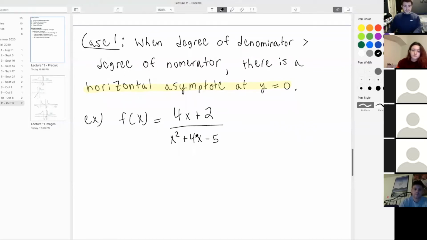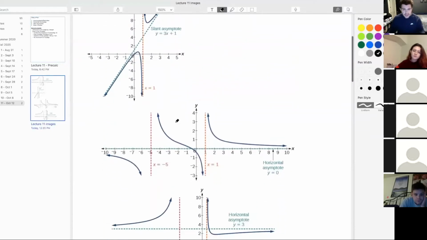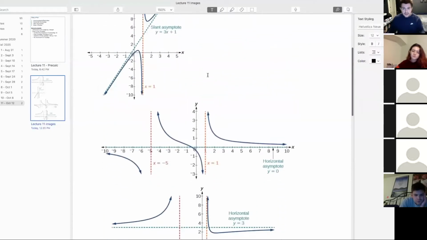The degree of the denominator is 2, and the degree of the numerator is 1. So we have a higher degree in the denominator. This function will have a horizontal asymptote at y equals 0. All right, so let's go and get a picture of this guy.